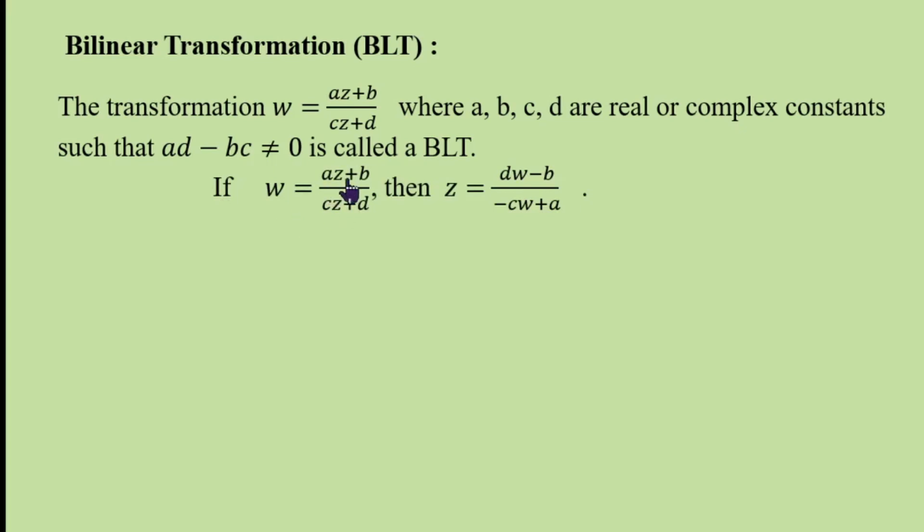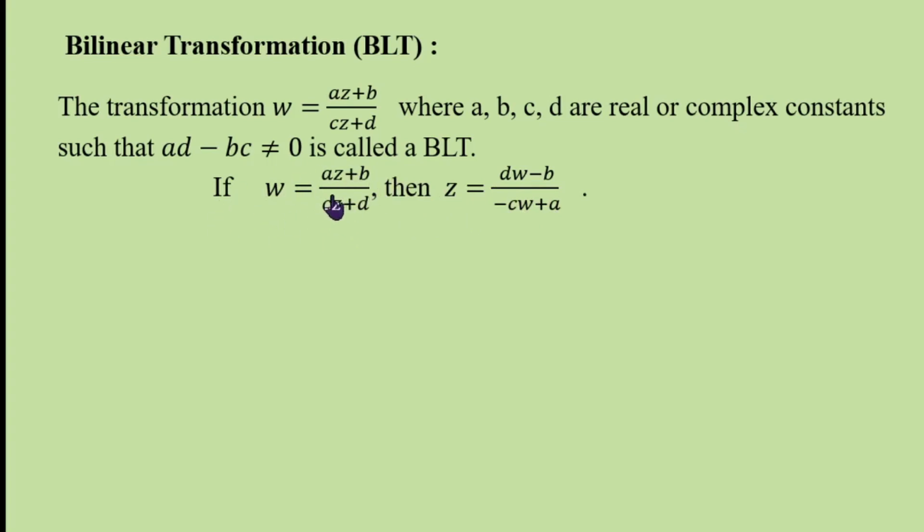If W is (AZ plus B) by (CZ plus D), then Z is (DW minus B) by (minus CW plus A). That means you are interchanging A and D, and changing the sign of B and C, and replacing Z by W and W by Z. This is how we can find Z in terms of W. So it's very simple logic.